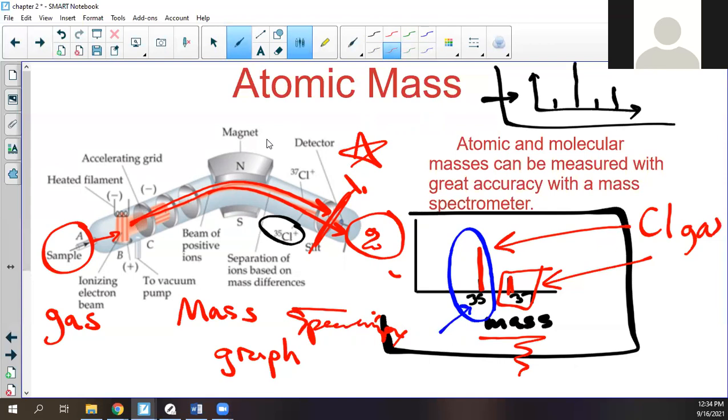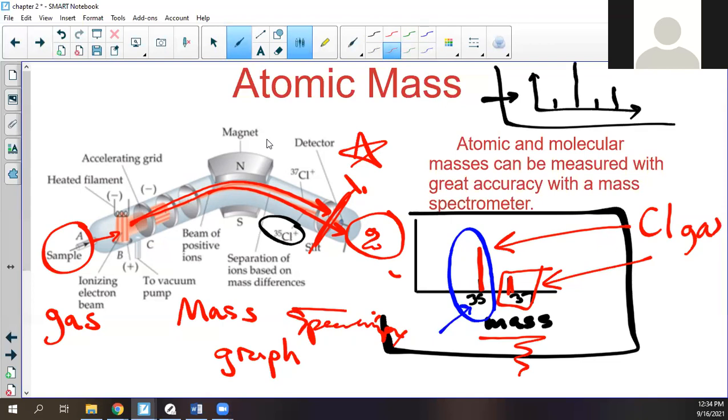So I don't know how many years ago, but a mass spectrometer was invented to measure masses of atoms and isotopes extremely accurately. And AP loves you answering questions from a picture or a graph or a table. So that's why they love these questions.